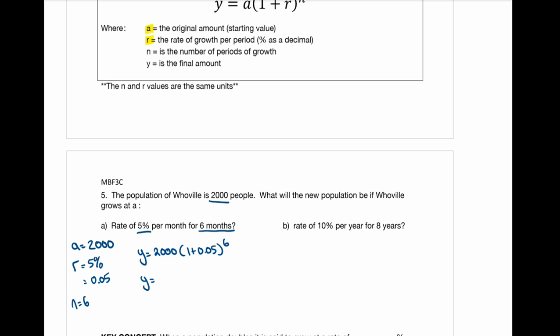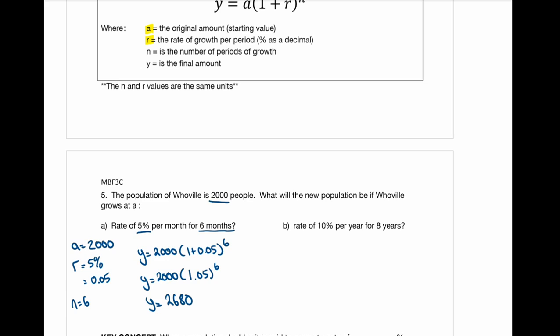So when I do that on my calculator, I can simplify at least inside the brackets if you want, 1.05 to the power of 6. And when we calculate that, again, do the exponent first and then multiply, we get a y value of 2,680.